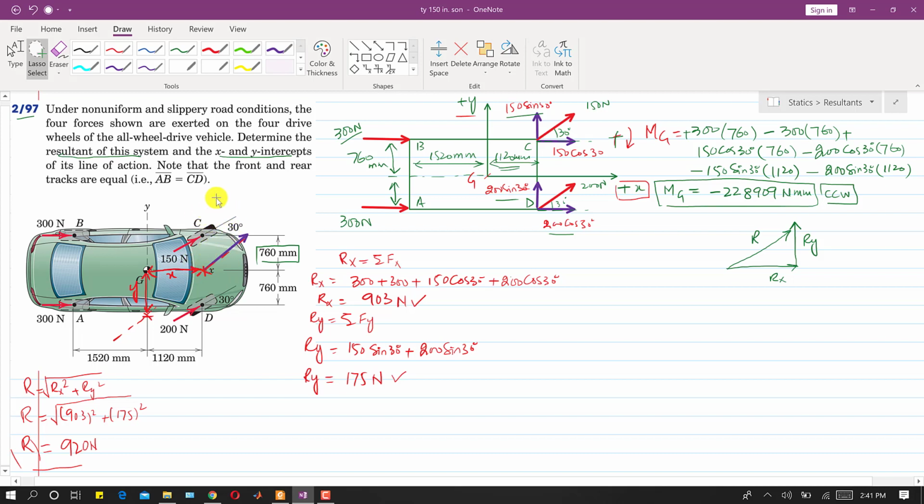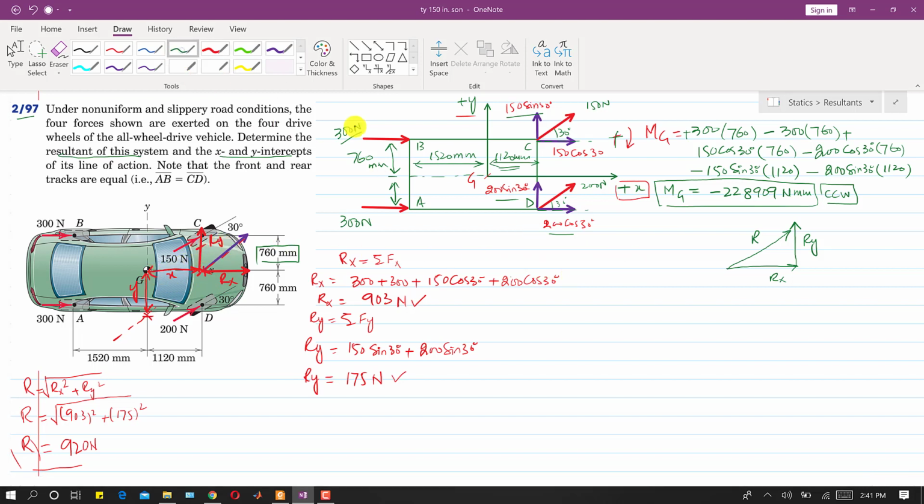Now if I resolve this force into its components, one component will be like this, and the other like this. So this is Rx and this one is Ry. Only Ry is producing moment about G, because the line of action of Rx passes through G.